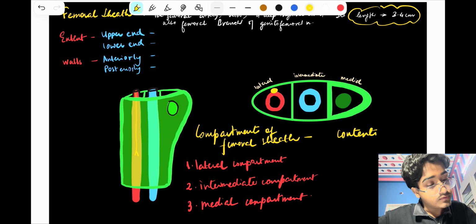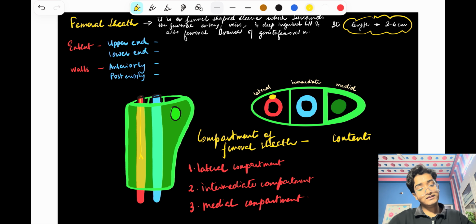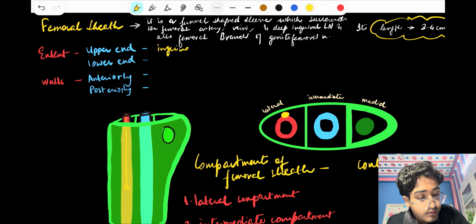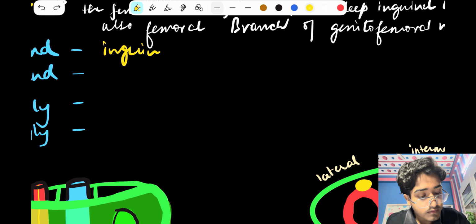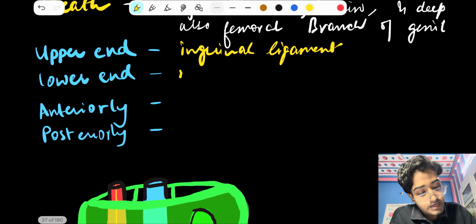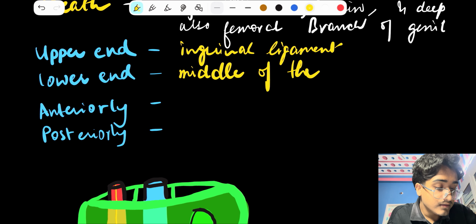Coming to the extent of this femoral sheath, the upper end is the inguinal ligament, and the lower end is the middle of the thigh.